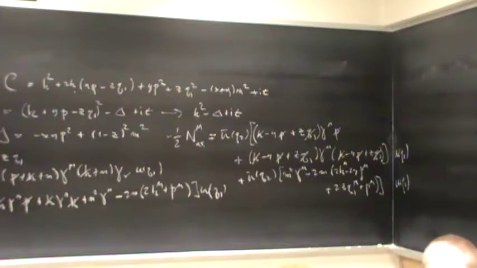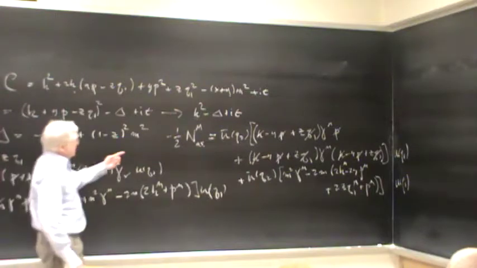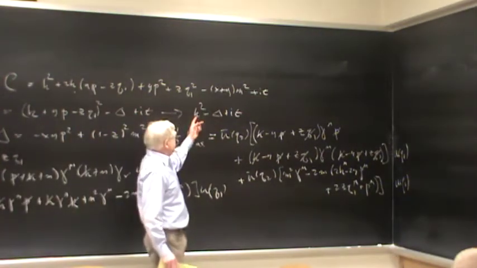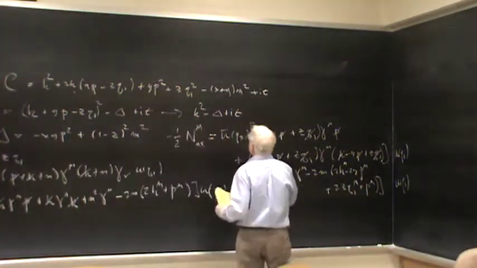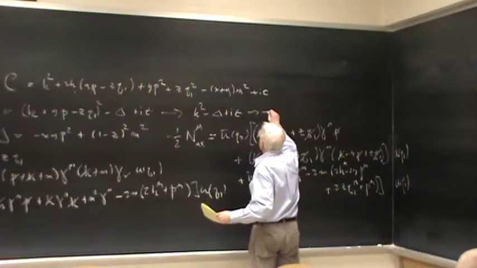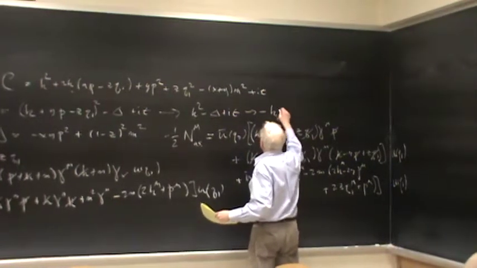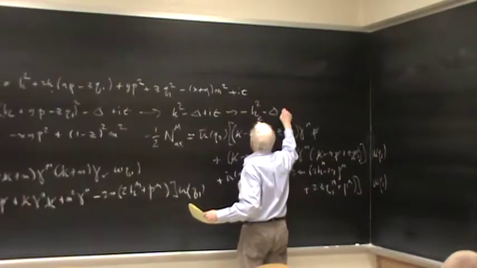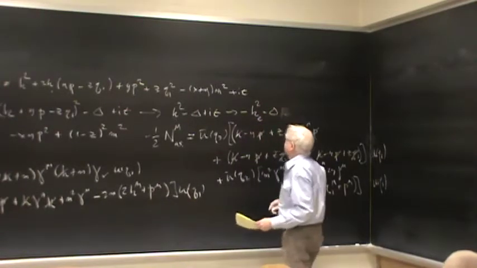Once we've made that Wick rotation, that k integration is such that this denominator just turns out to be minus Euclidean k squared minus delta, and the i epsilon is gone.